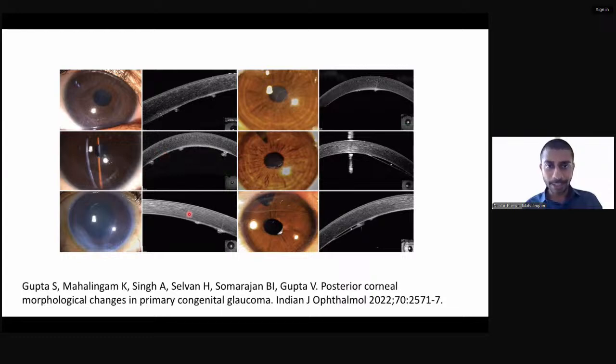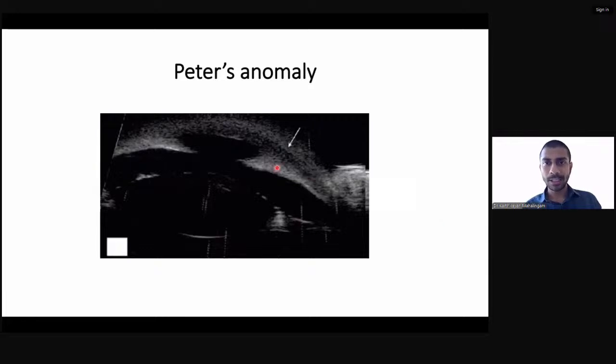In these two images, we can see in the area of HAP striae there is a defect in the pre-Descemet's layer. In these two images, we can see the Descemet's membrane detachment along with the membrane in the area of HAP striae. So this is a case of type 1 Peters anomaly, UBM showing the iridocorneal adhesion.